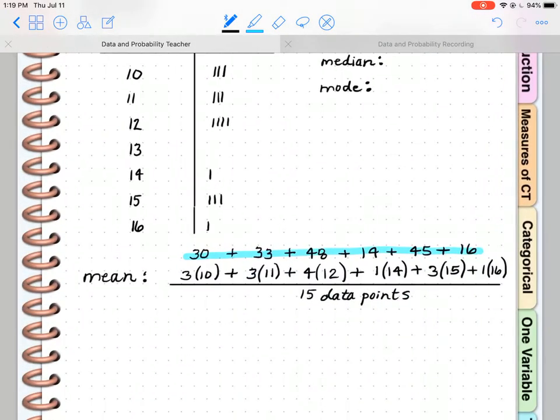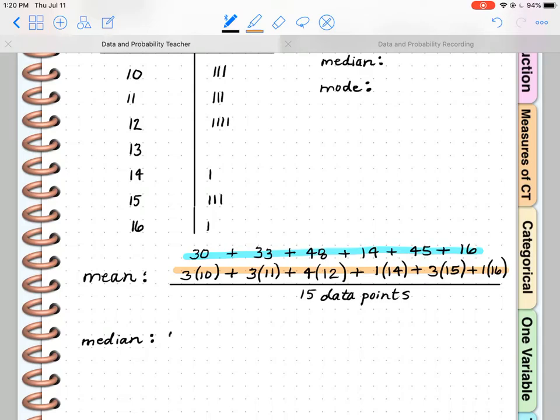Okay, to get the median, I need to put them in order. And I'm going to use this data right here to do this. But you can look at the frequency table or even at the table in your book. It doesn't matter.